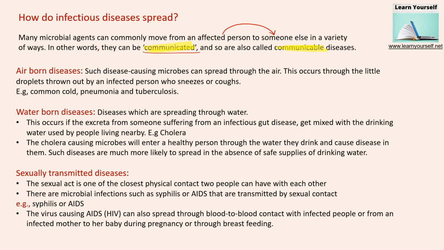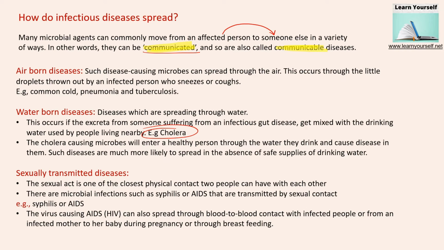Waterborne diseases are diseases which spread through water. This occurs if the excreta of someone suffering from an infectious gut disease gets mixed with drinking water used by people living nearby. An example of such a disease is cholera.